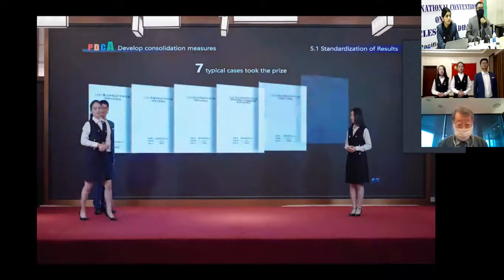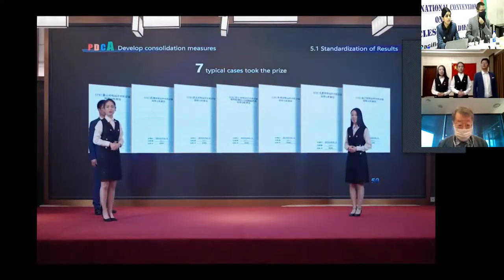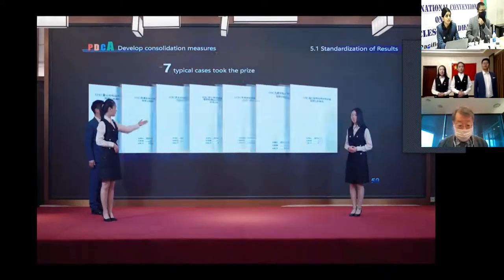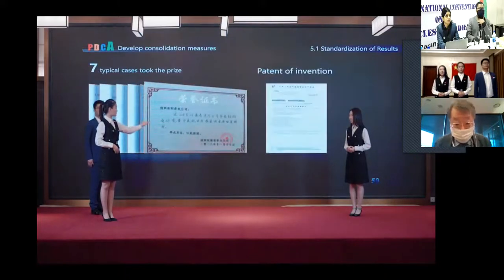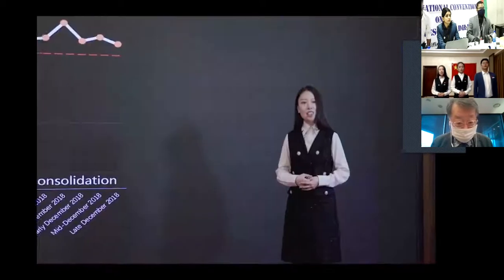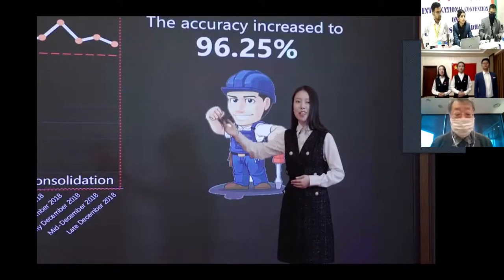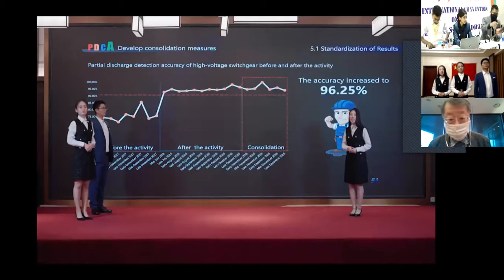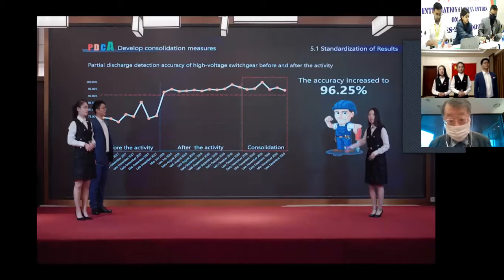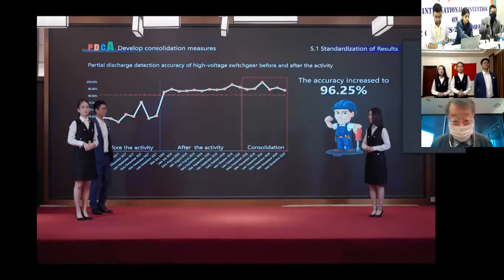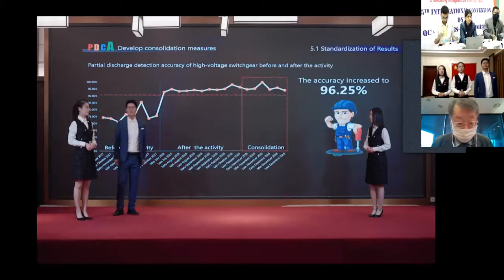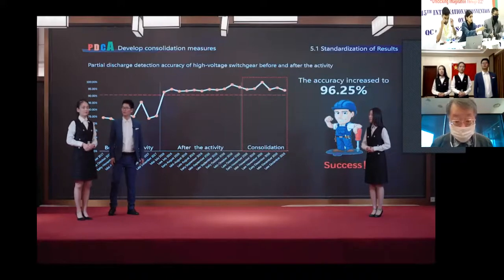Besides, we released a book about our typical cases, 7 of which took the prize, and we also applied for utility model patents. In the consolidation stage of November and December in 2018, the detection accuracy rate has increased to 96.25%. Excellent! Our effect was inspiring.